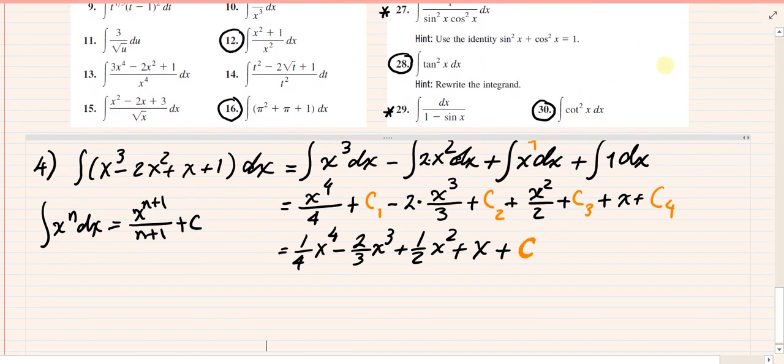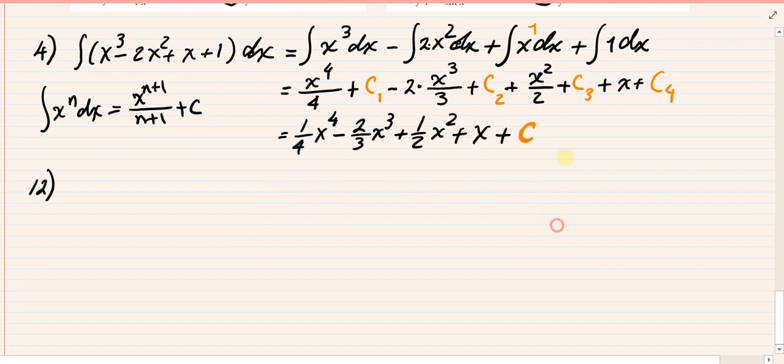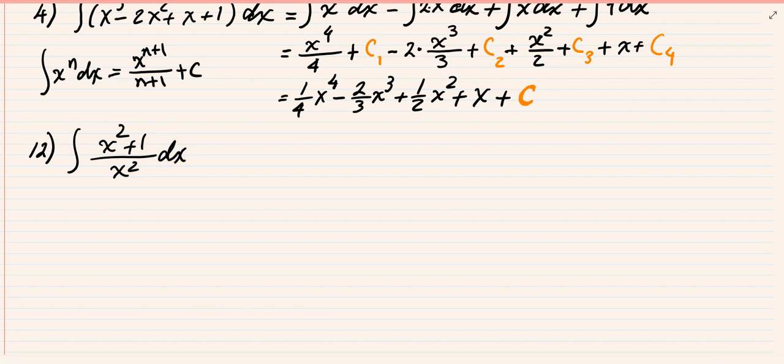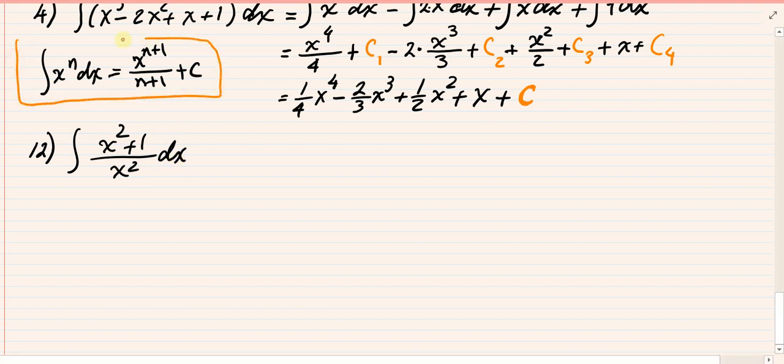Let's take a look at number 12 next. In exercise number 12, we want the integral of x squared plus 1 over x squared dx. Now remember, when it comes to algebraic expressions, we only have one integration formula, and that's it.